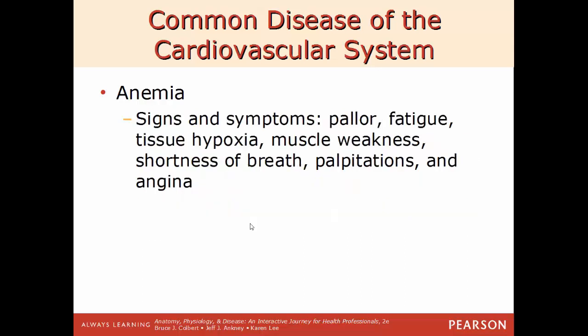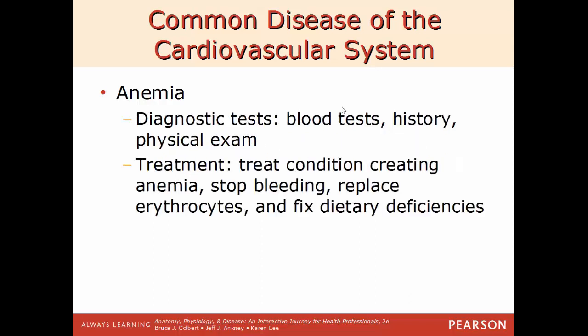Some common signs and symptoms of anemia: fatigue, muscle weakness, hypoxia, shortness of breath, palpitations, angina. And the first one listed here, pallor, is an unhealthy pale appearance. These are diagnostic tests for anemia: blood tests, personal history, physical exam. Some treatments: you will treat the condition that's creating the anemia, stopping the bleeding, replacing the red blood cells, fixing any dietary deficiencies.